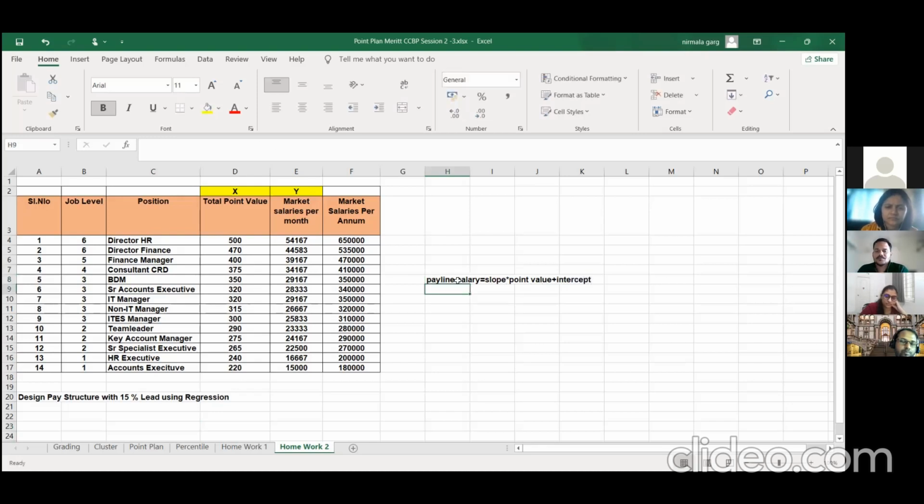Otherwise, in any book you will get this typically as Y equals AX plus B, where A is your slope and B is your intercept.